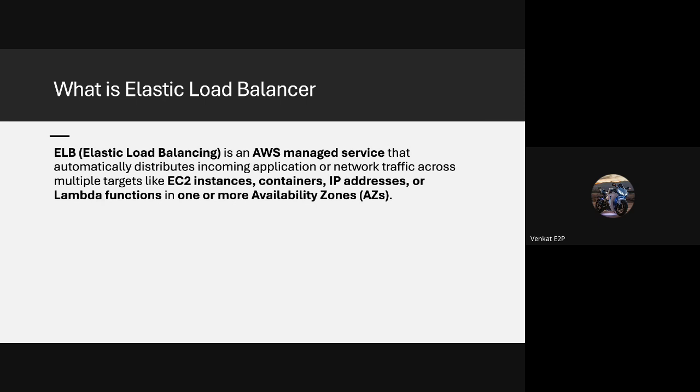Then, for example, there are 100 users. The load balancer will divide all the users: for one instance it will give 20 users, for another instance it will allocate 20 members, and like that it will divide equally. In case users increase, the load balancer will segregate the members equally.